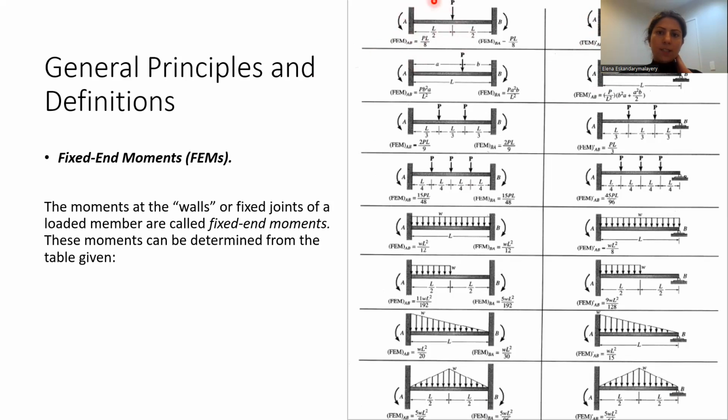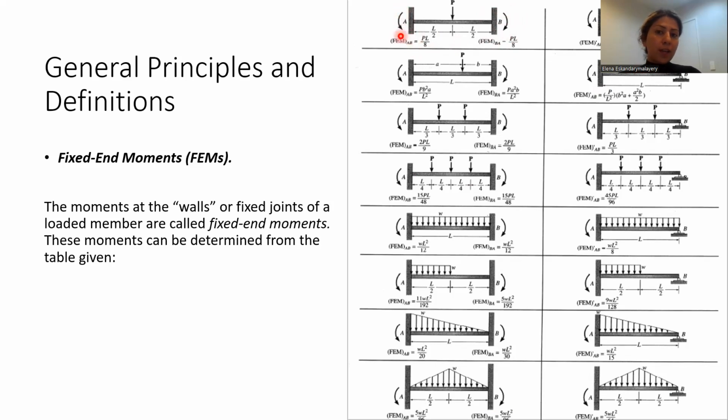Or if you look at this beam with both ends fixed, you will see if you apply a point force in the middle, the bending moment at both ends is equal to PL over 8. The important thing that you need to pay attention to in this case is, as I said, the sign convention is clockwise positive. As you can see on the right-hand side, the bending moment is clockwise, so it is positive.